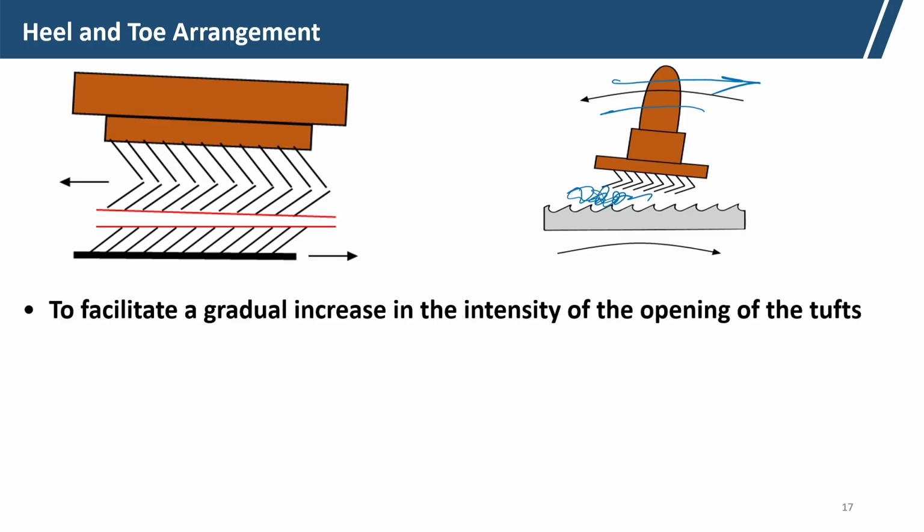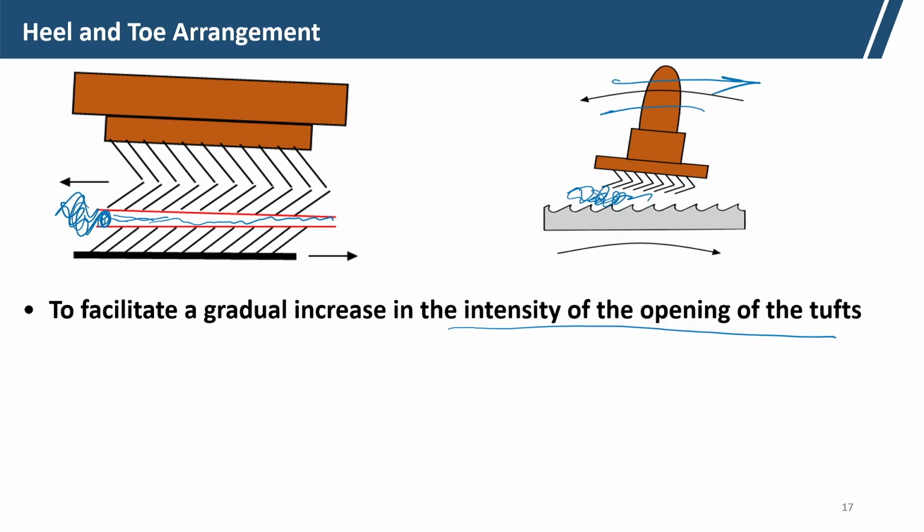To facilitate a gradual increase in the intensity of opening of the tuft. Initially, if it is a higher distance, the intensity will be lower. Gradually, as the fibers are getting opened, there will be a gradual increase in the intensity of opening.